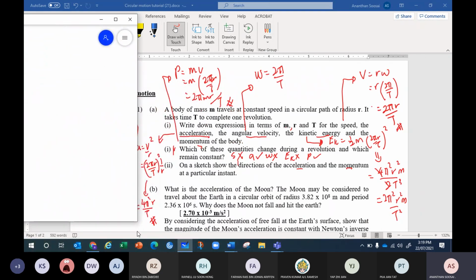Of course you can draw a circle. So maybe you use this point. At this point, can you show where the acceleration and momentum are? Of course, acceleration is towards the center. Let's say it's moving in a clockwise direction. So at this moment, the momentum is which direction? Downwards. The momentum is downwards at this moment. One example for the last part.